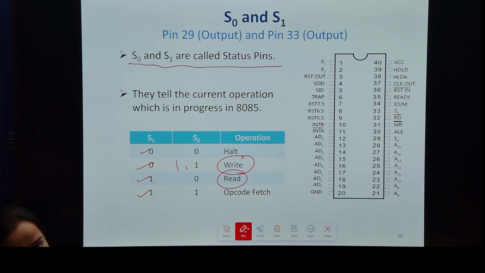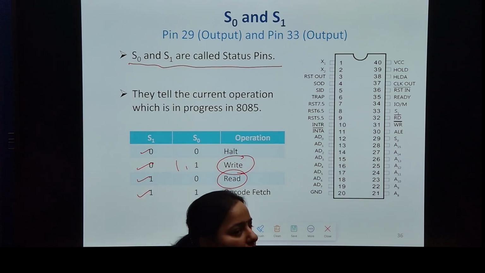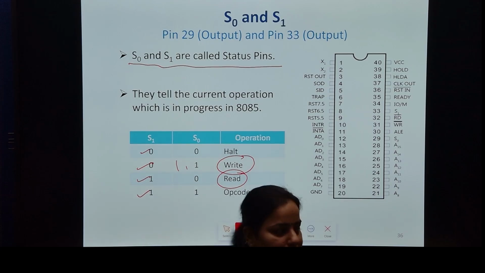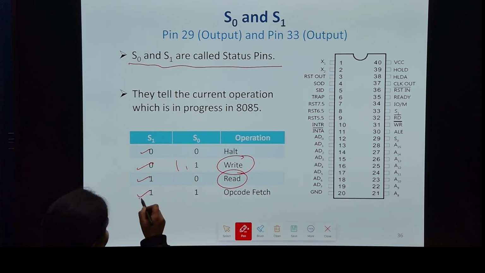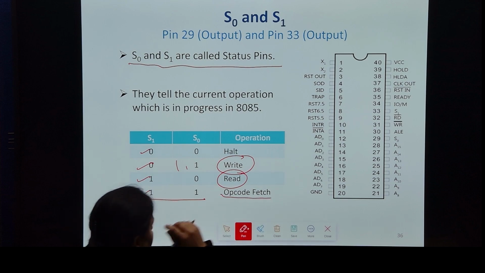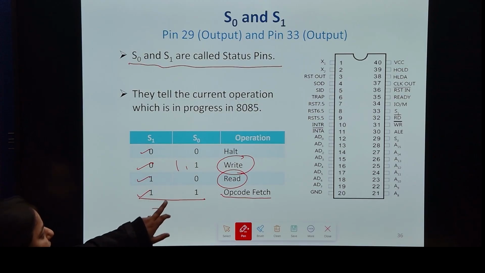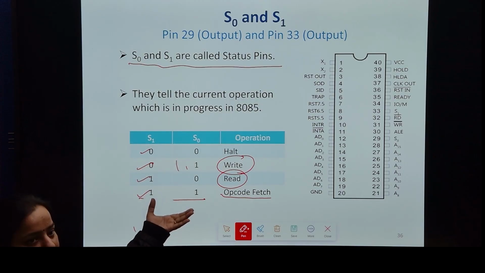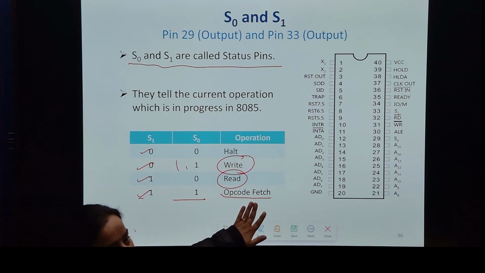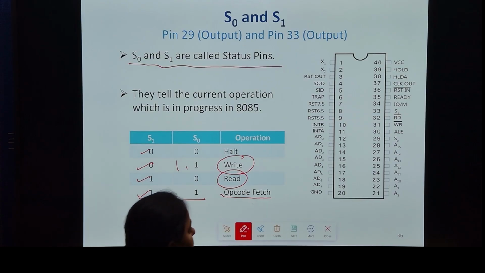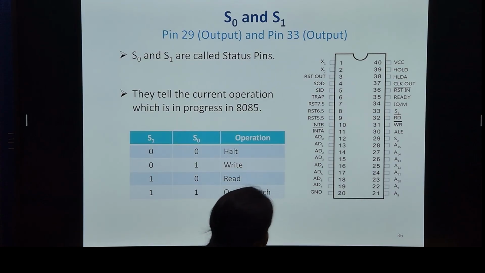Reading can be done from a peripheral device or from the memory. Then 1 1 means opcode fetch. Whatever opcode is provided in the memory, if we provide S0 and S1 as 1 1, the microprocessor will fetch that opcode from the memory. So these are the status signals.